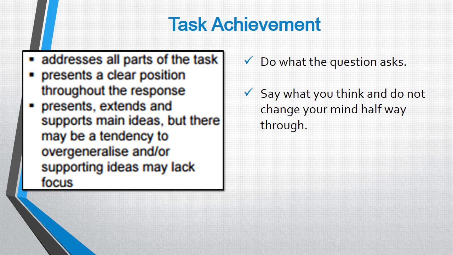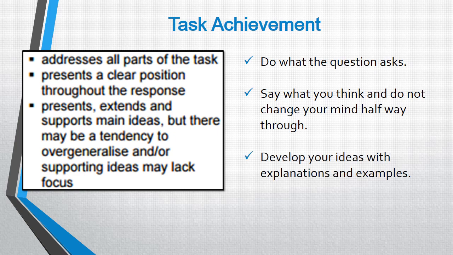The third thing you need to do for a Band 7 at task achievement is to present, extend and support main ideas. Basically, this simply means that you need to develop your ideas with explanations and examples.